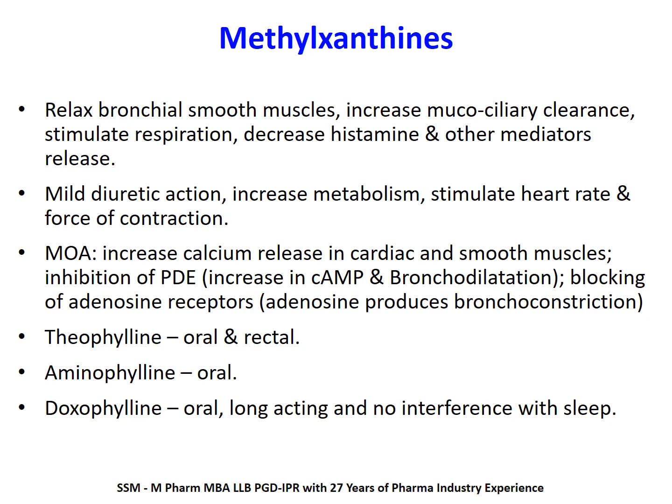Adenosine is a bronchoconstrictor, so by blocking its action, it reduces the bronchoconstriction produced by adenosine. Examples of drugs: theophylline given both orally and rectally, aminophylline given orally, and doxophylline given orally. Doxophylline is long acting and it also does not interfere with sleep.